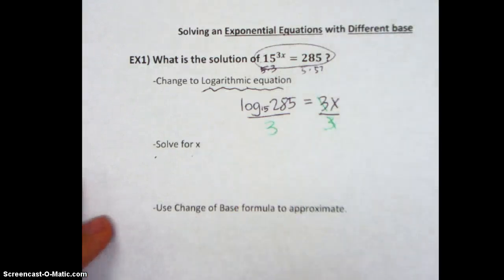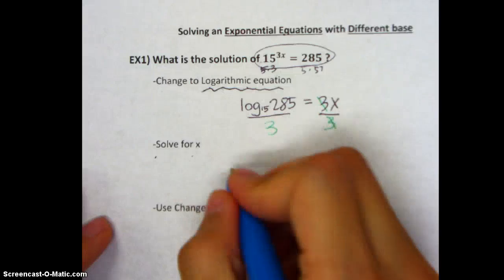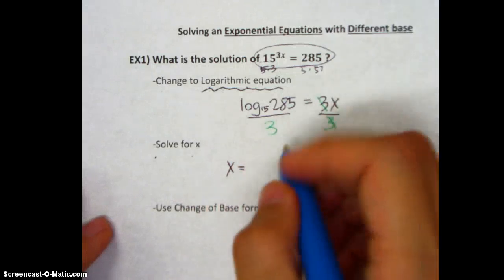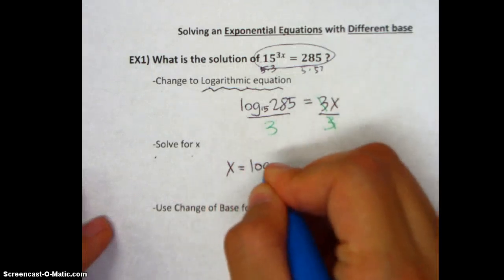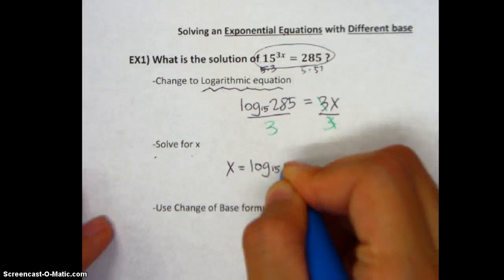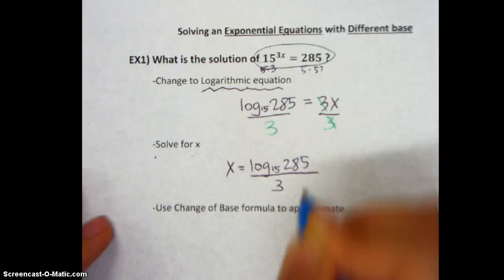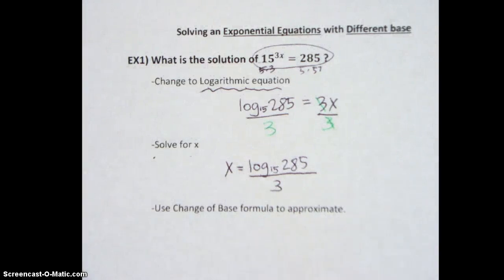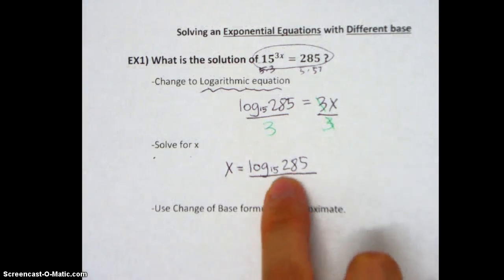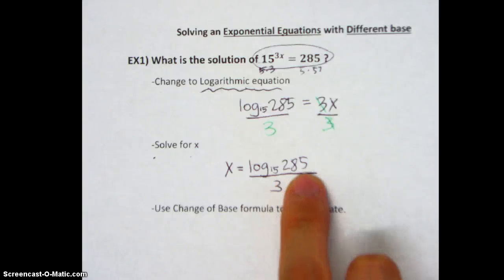The 3 cancels out. x is equal to log base 15 of 285, divided by 3. Seems like I cannot simplify this one to a nice whole number either.